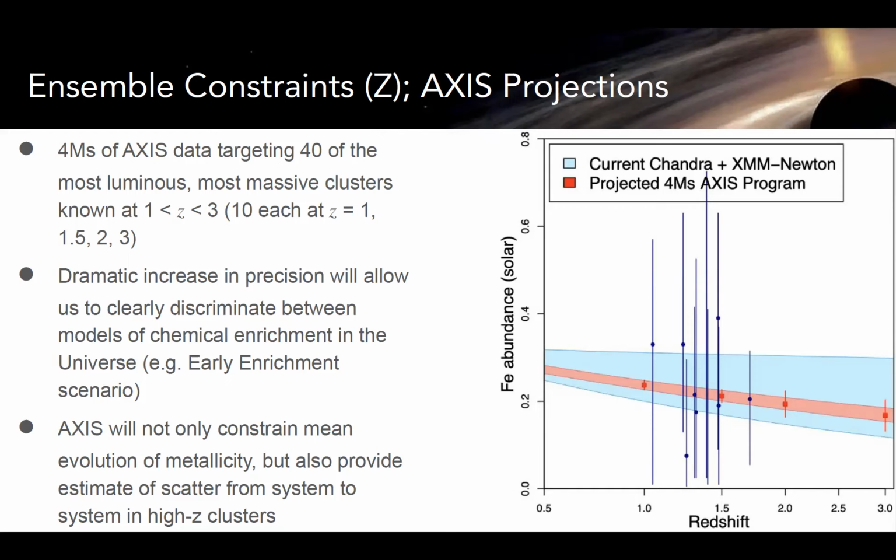It's likely going to be based on targeted follow-up of clusters that potentially exhibit those cavities, because depending on the strength of the jets or the outflows that produce them, that is going to be explicitly relevant to how difficult they are to resolve. But yes, with that spatial resolution in the cluster cores, AXIS is essentially the only instrument that's going to be able to resolve that physics.